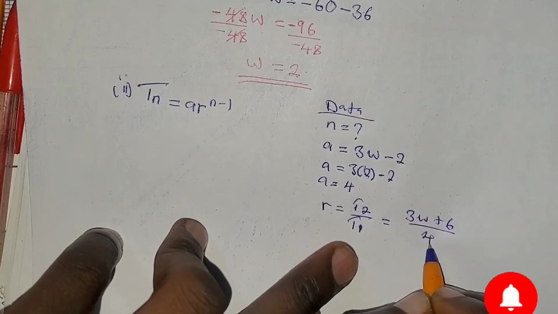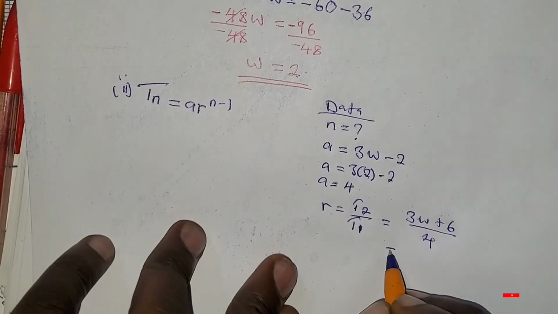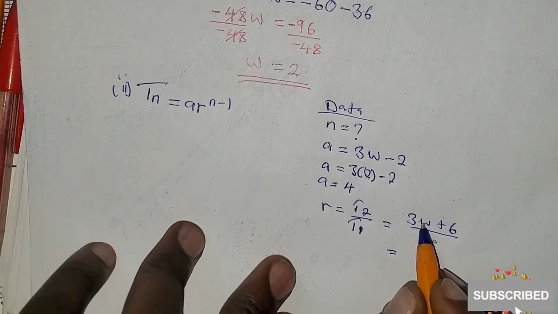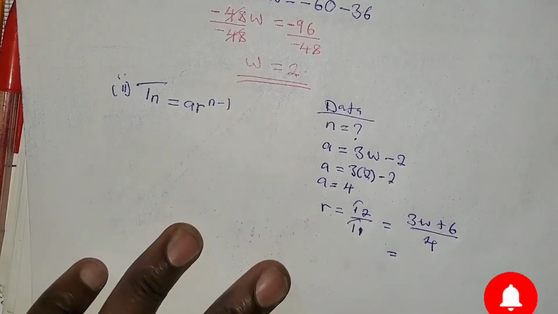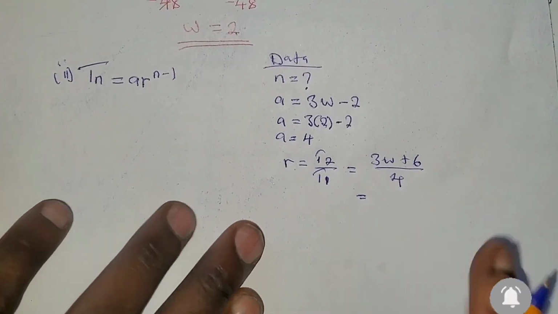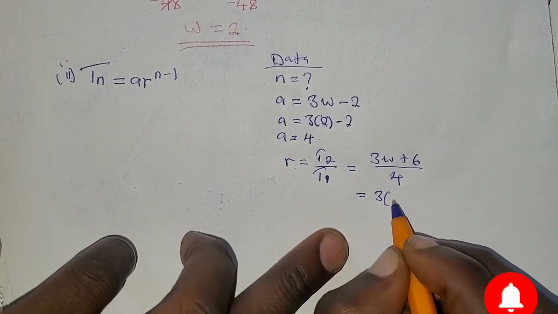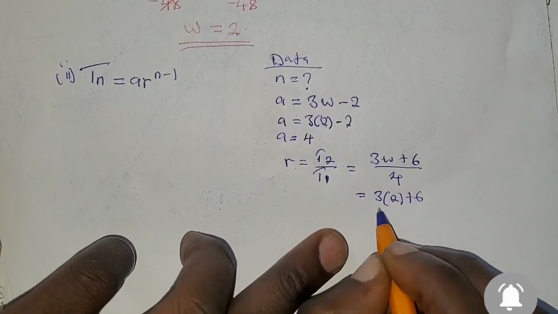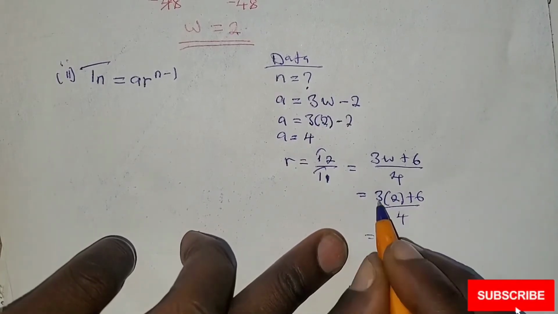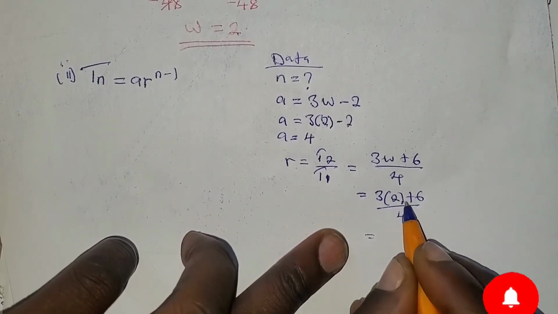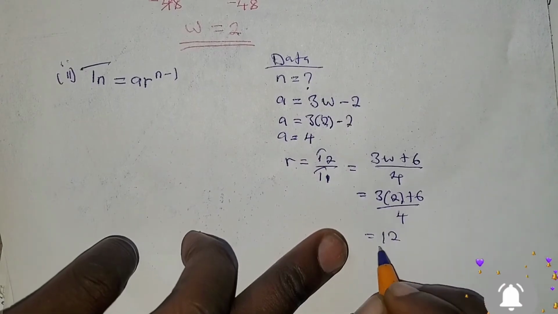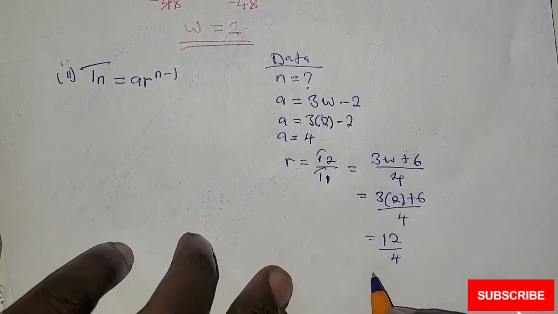We've already calculated the first term as 4. So we can just substitute W with 2, already found. So 3 times 2 plus 6 over 4. So 3 times 2 is 6. 6 plus 6 is 12. Then 12 divided by 4 is just 3.